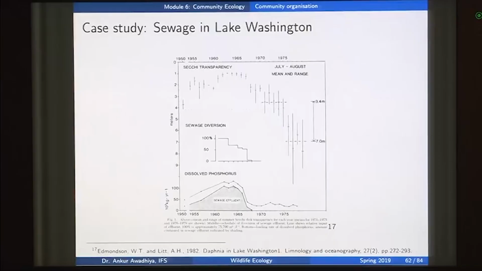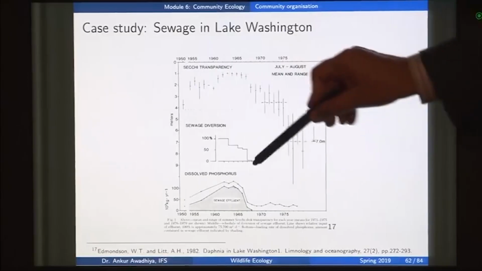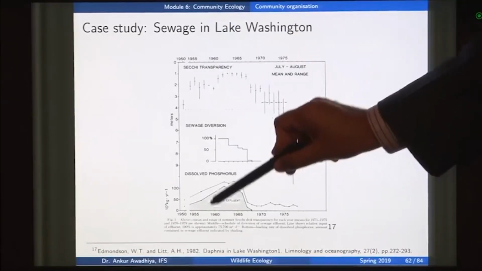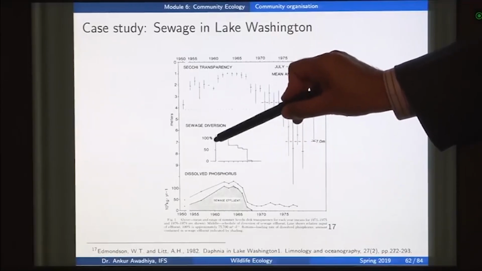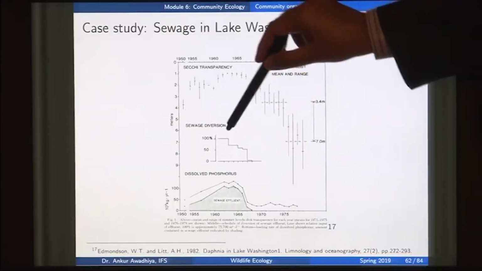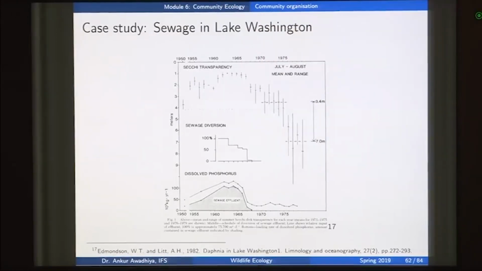Now, this lake was studied as an example of how communities change. On the x axis here we have the years, and around 1960 we had 100% of the sewage being put into the lake, and then it was reduced in phases. In different phases the sewage was diverted into the seas.